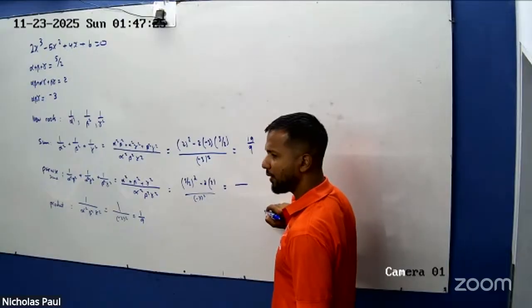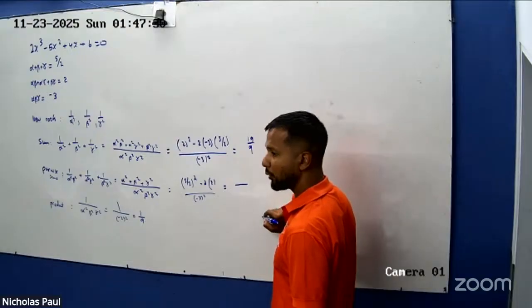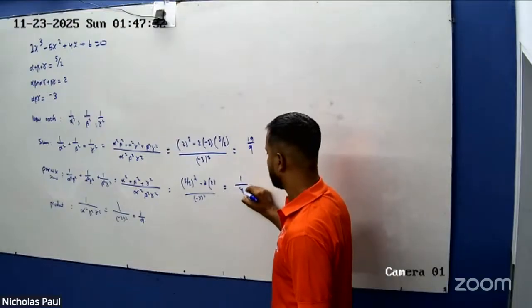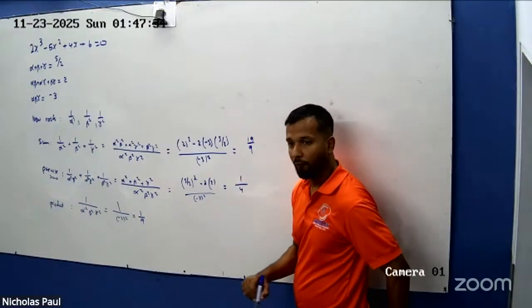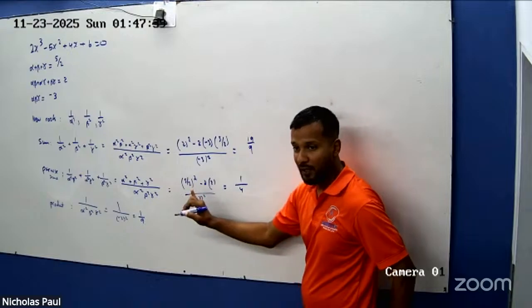Yeah, 2519? Quarter? Yeah. One quarter? Anybody get this second one? A quarter? The pairwise sum.